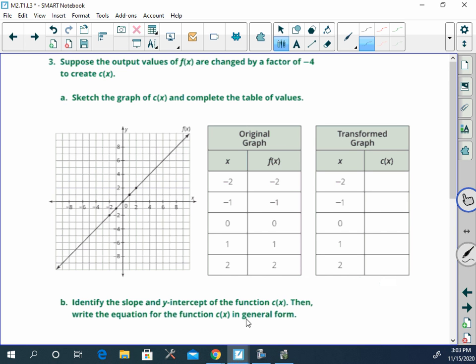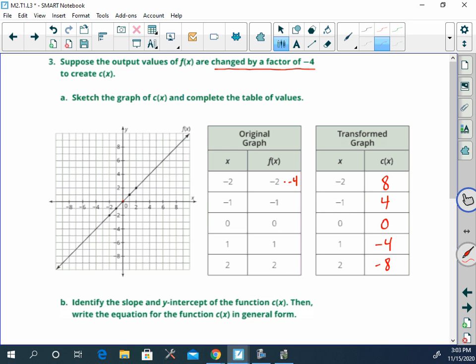All right. So moving over to number 3. This is, again, similar, but it's different because it's a factor of -4. So what is that negative going to do to the graph? We're going to see it here. If we multiply by -4, it's going to change from negative now to a positive. So this one's going to be 8. This one times -4 is going to give me 4. 0 stays at 0. 1 times -4 and 2 times -4.